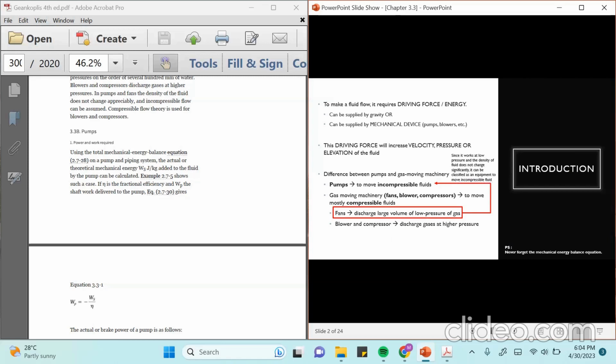So some books regard fans as a mechanical device to move incompressible fluid as well, because of the small pressure change between the inlet and the outlet. That makes the density of the gas not change significantly. But some books will still regard fans as gas moving machinery, because it transports gas.